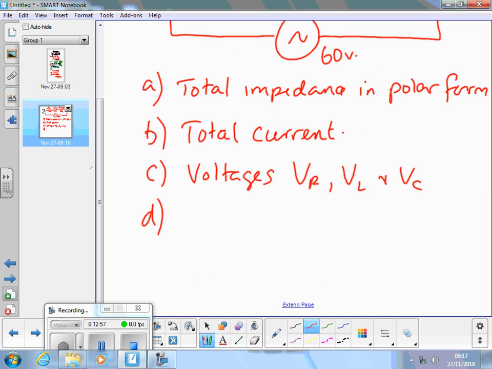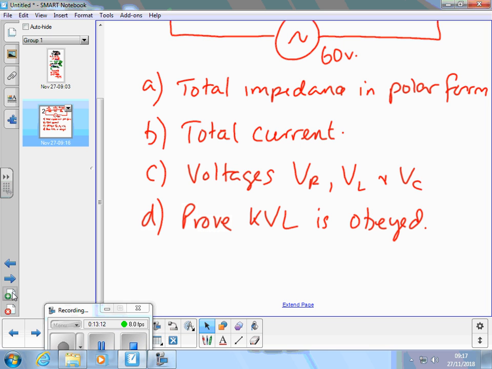D. Prove KVL is obeyed by that circuit. Okay. Nearly, I reckon.